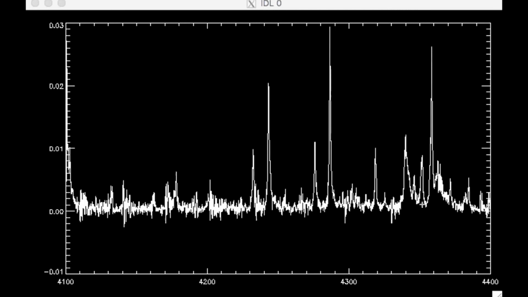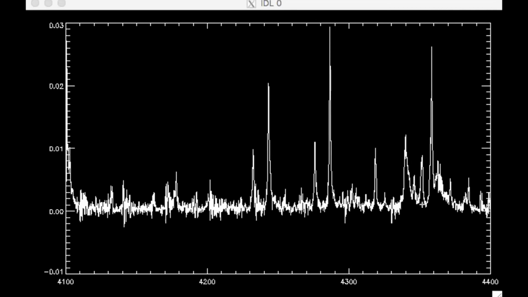That's the spectrum a couple of months later. It's very different. You don't see as many lines. The medium has cooled down. It's relaxed.